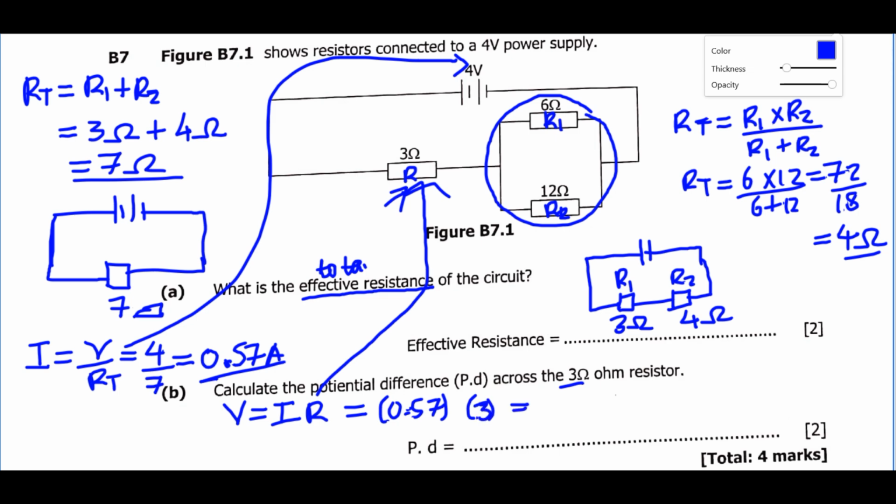So 0.57 multiplied by 3, I'm getting 1.71 volts, which simply means that out of 4 volts supplied, the 3 ohms is consuming 1.71 volts. Then the remaining will be consumed by the 6 ohms and 12 ohms resistors.